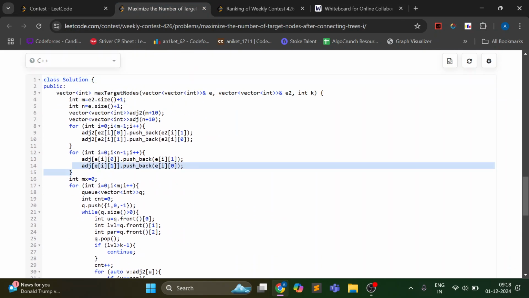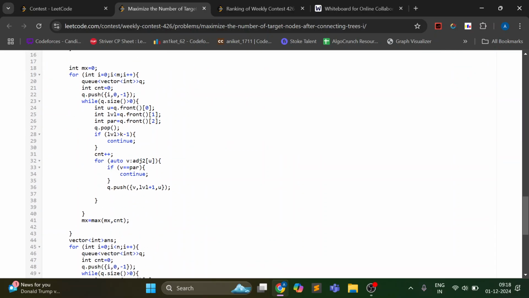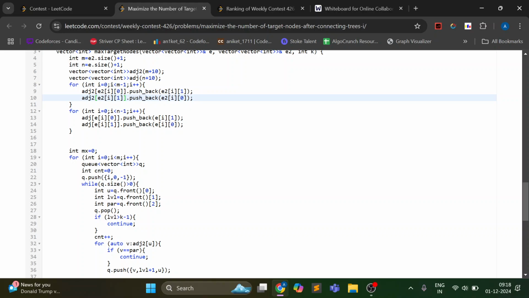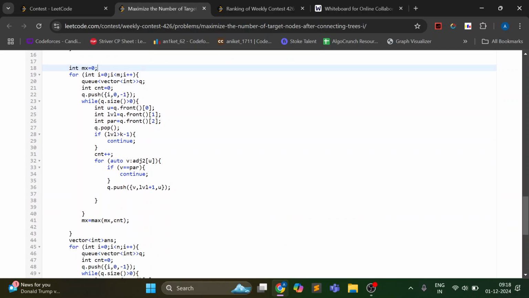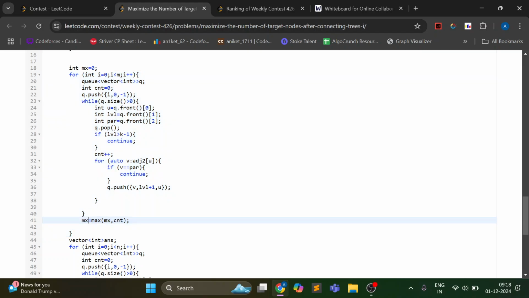So first of all, what we are doing is creating an adjacency list for both the graphs. ADJ1 is for the first graph and ADJ2 is for the second graph. Now in the second graph I'm finding the maximum number of nodes up to level k minus 1. How can we do that?